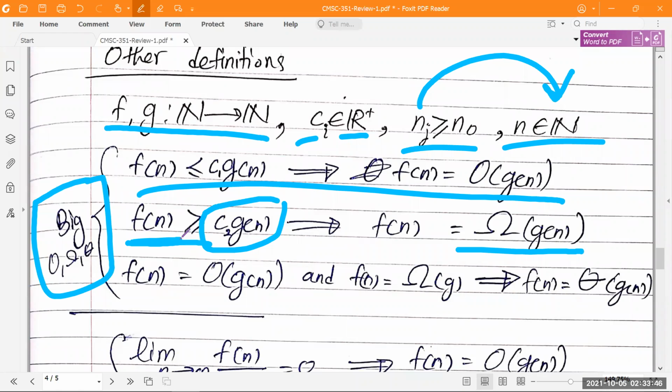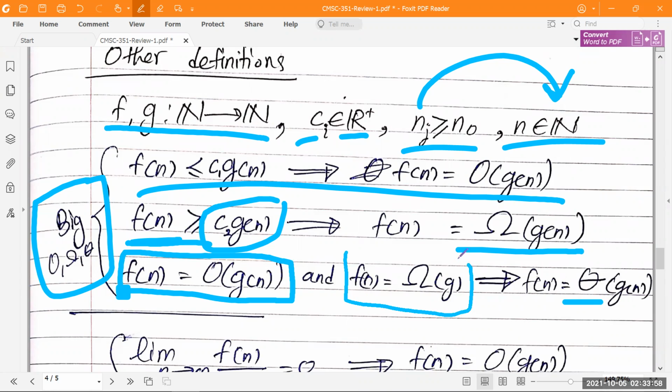And then we have another definition called big theta, which is if f(n) is big O g(n) and f(n) is big omega g(n), which means you have the upper bound with g(n) as well as the lower bound with g(n).